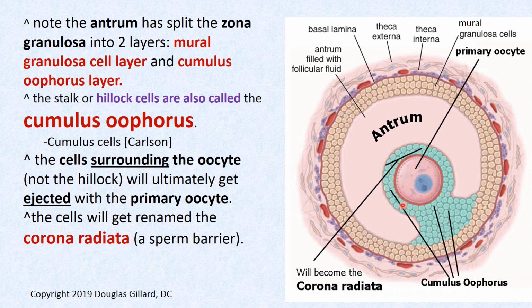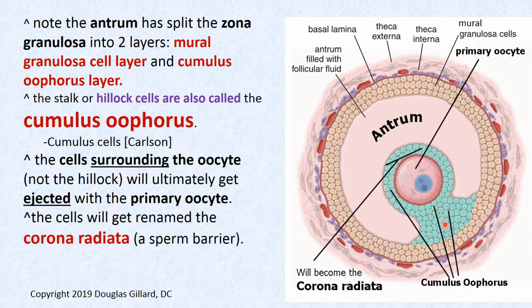These guys are called cumulus oophorus cells, cumulus oophorus layers. But the books keep talking about a mound or a hillock that starts to develop here. I'm with Carlson on this. I think this cavity just kind of pushed everything apart. This is just granulosa cells left over.